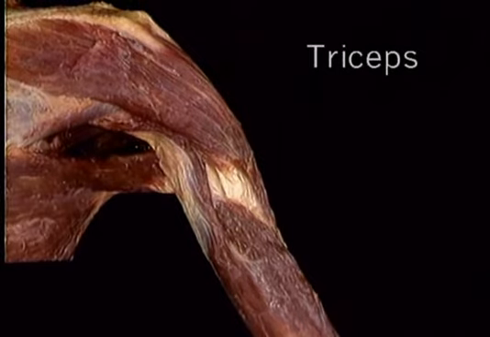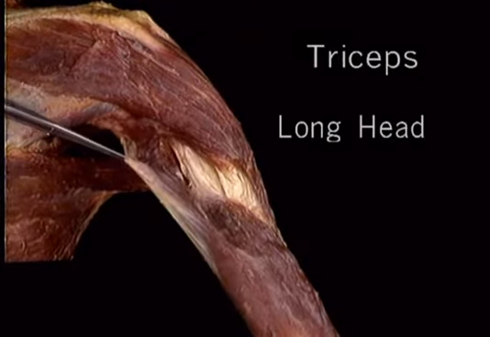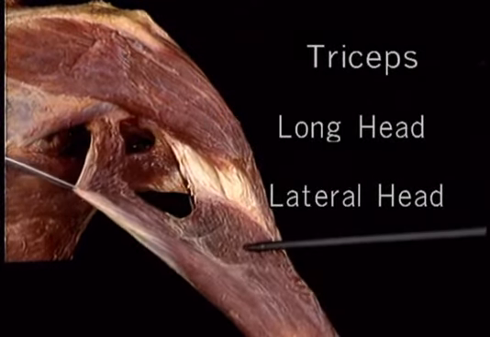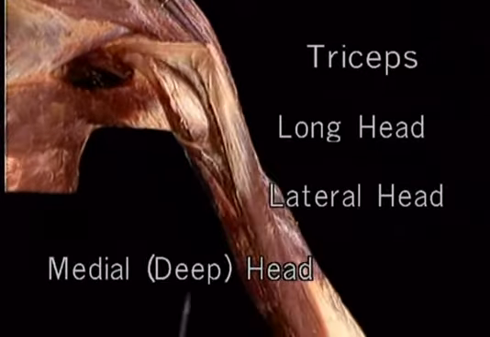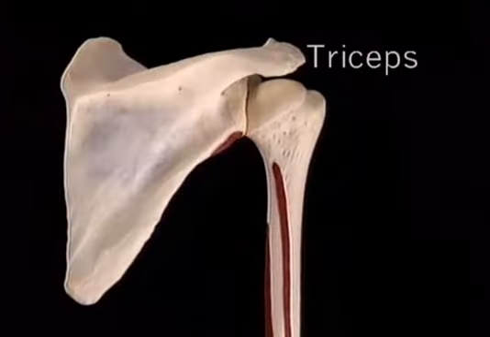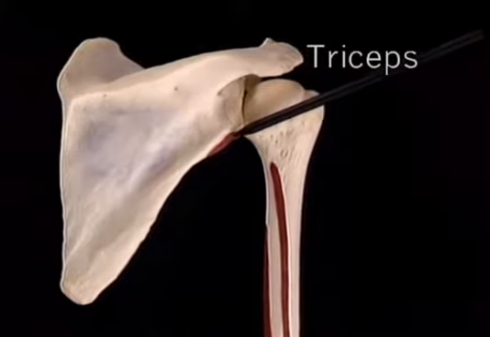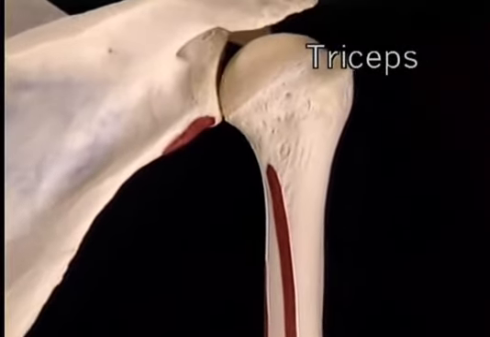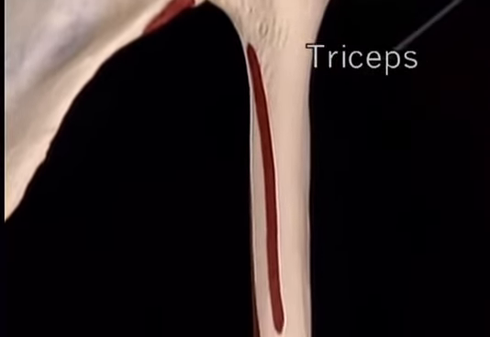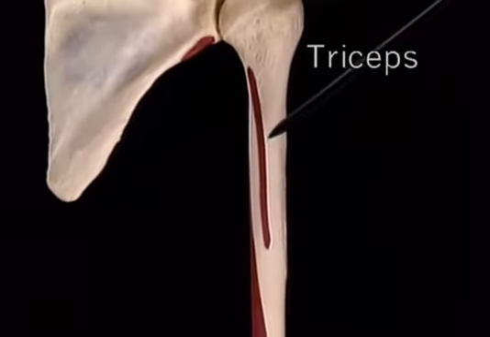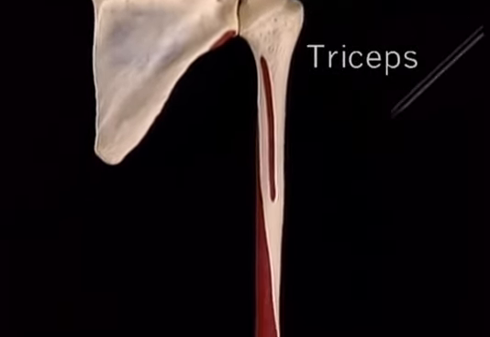The triceps muscle has three heads: a long head, a lateral head, and a medial or deep head. The long head arises, as we saw in the last section, from the infraglenoid tubercle of the scapula. The lateral head arises high up on the lateral side of the posterior humerus.